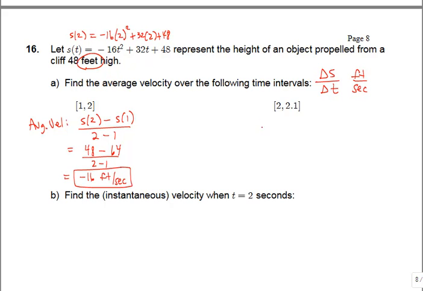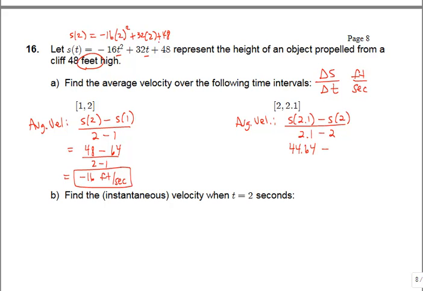Okay, so let's try that again, but this time we're going to do it on a smaller interval, closer to 2. So we're going to find the average velocity from 2 to 2.1. So this average velocity would be the position at time 2.1 minus the position at time 2 over 2.1 minus 2. If we take 2.1 and plug it in for these two t's, I'm going to leave that to you to do on your calculator, it turns out to give you 44.64.